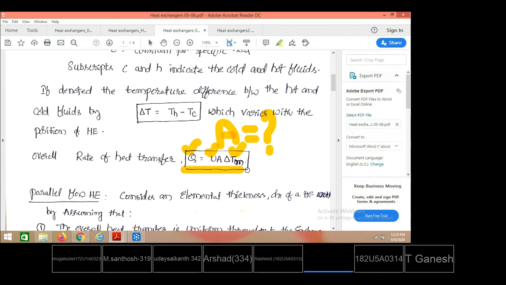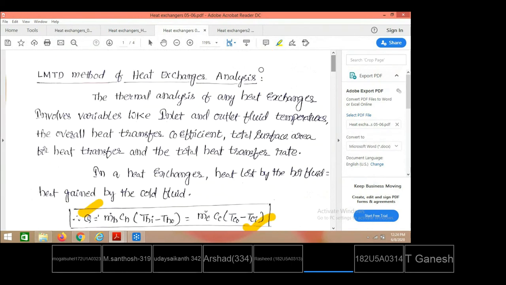For that, the very first method is the LMTD method, the mean temperature difference, which is obtained in the form of logarithm. Therefore, it is called the logarithmic mean temperature difference.